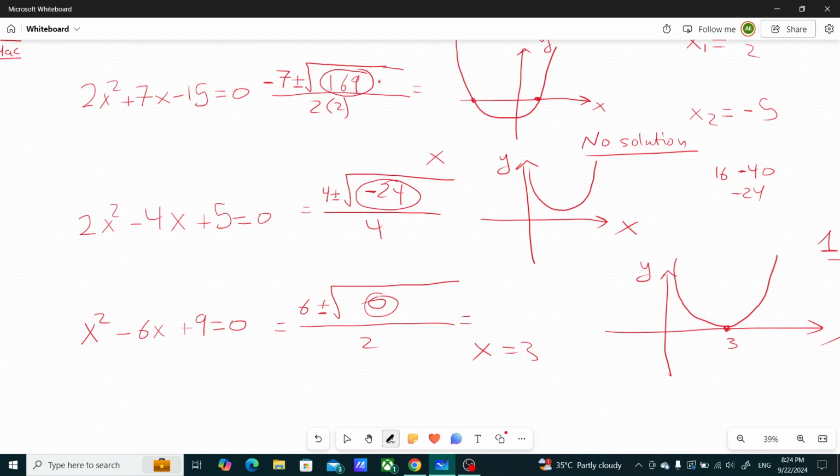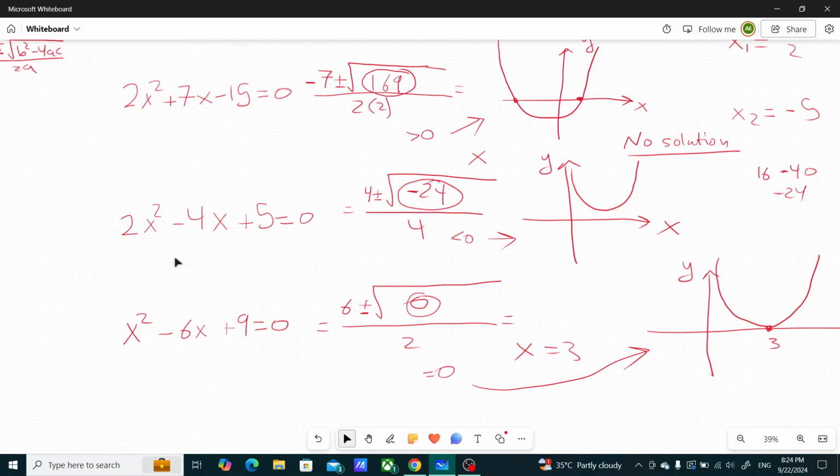If the number under the square root is greater than 0, I will have 2 solutions. If it is less than 0, I will have no solutions. And if the number under the square root equals 0, then I will have only one solution. So that means that the number under the square root is an important number to figure out and to look at.